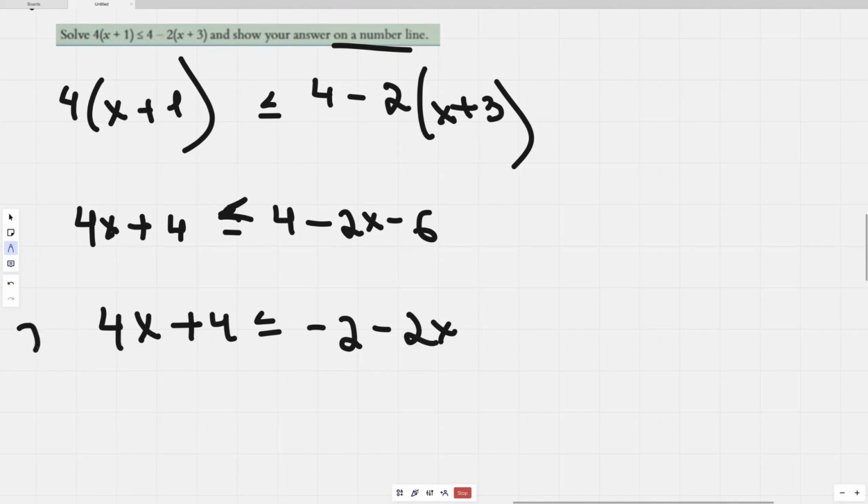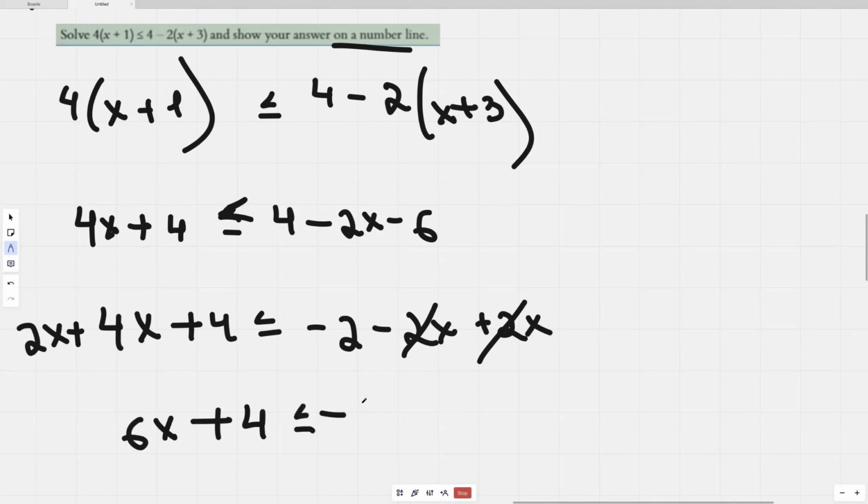So add the 2x to both sides. So 2x plus 4x plus 4 is less than or equal to minus 2 minus 2x plus 2x. So these two give us 0. And 2x plus 4x is 6x, so 6x plus 4 is less than or equal to -2.